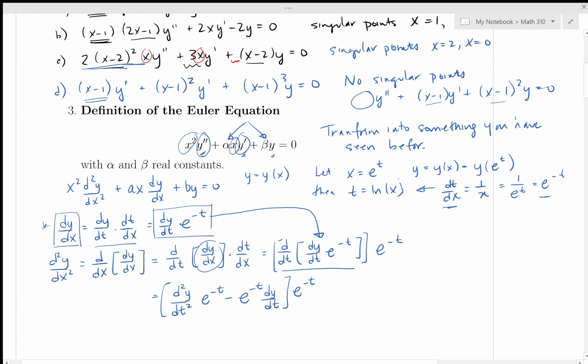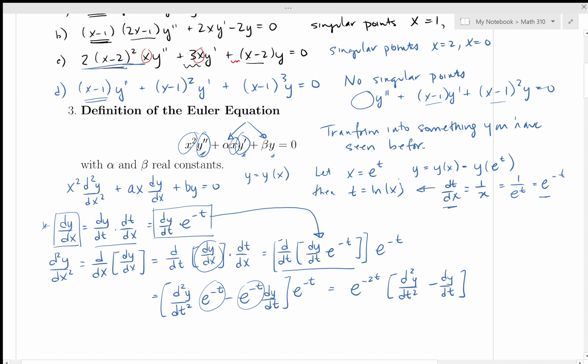Okay, so I'm now going to factor out this e to the minus t and multiply it by that e to the minus t. I'm going to actually write it like this too. That would be e to the minus 2t times d2y by dt squared minus dy by dt.